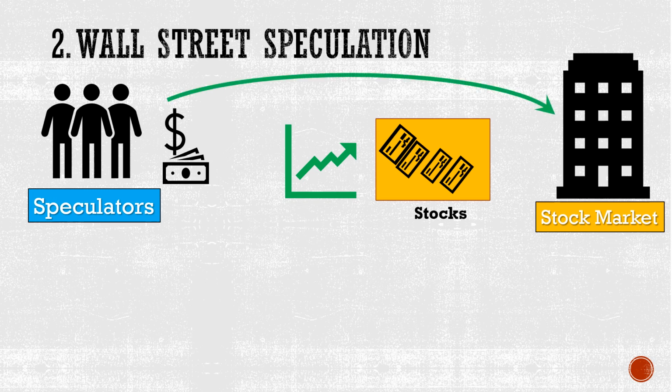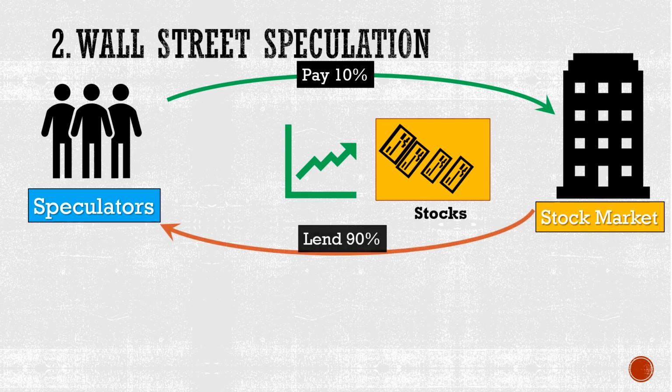So often speculators, when they wanted to invest in the stock market, didn't necessarily have all the money themselves to be able to buy the stock. However, stock brokers and stock market firms, often in a goal to sell as much stock as possible, would often allow them to simply pay 10% of the price of the stock, and then they would lend them the 90% that was remaining.